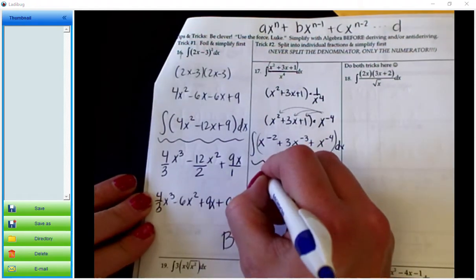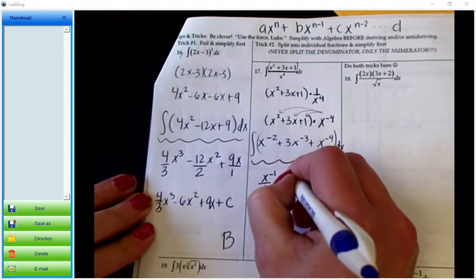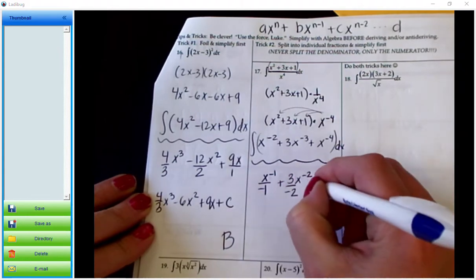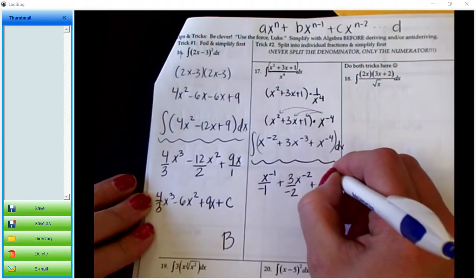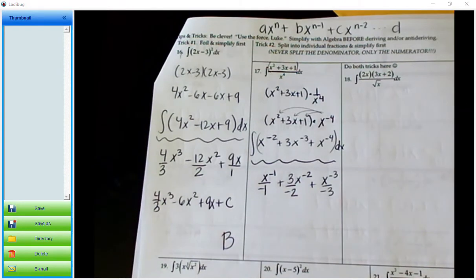Okay, so add, divide, add, divide, add, divide. Okay, I'm like, I got it. But with all those negative exponents, you just be really careful how you rewrite it. Rewrite it with no negatives.